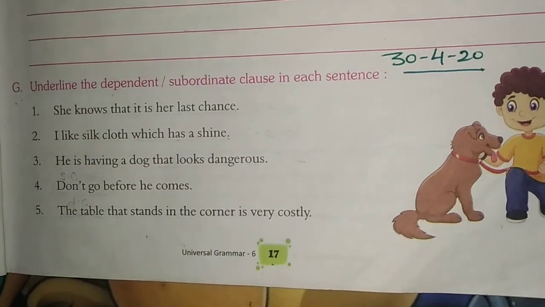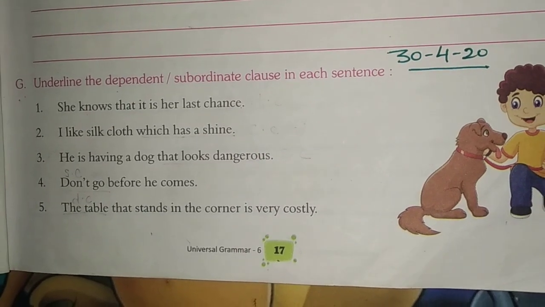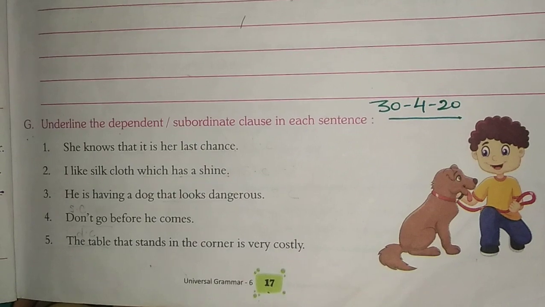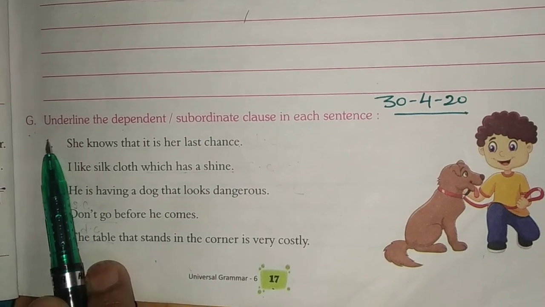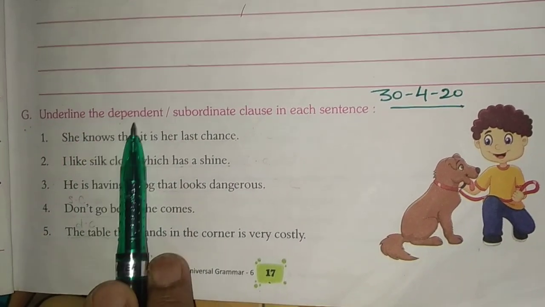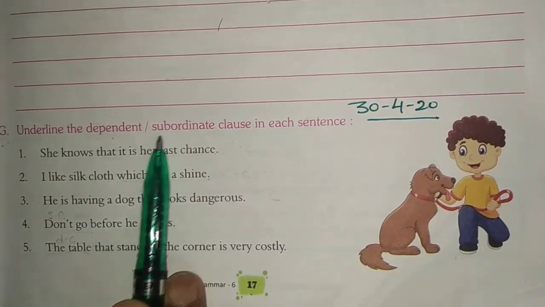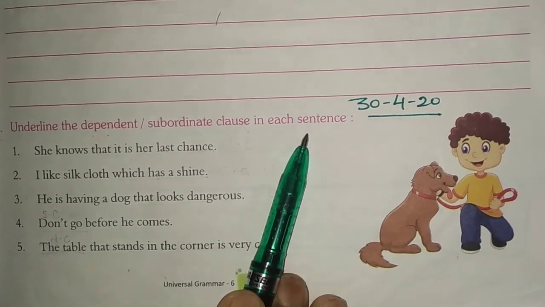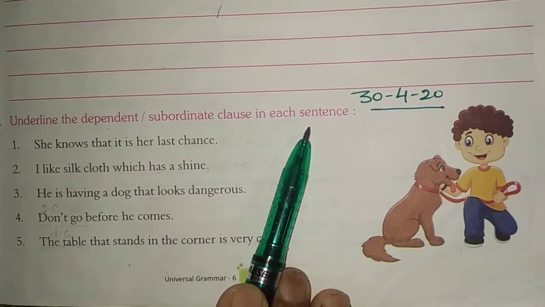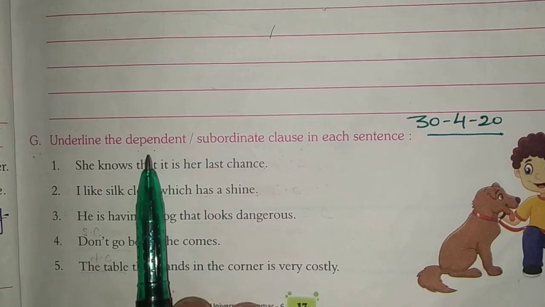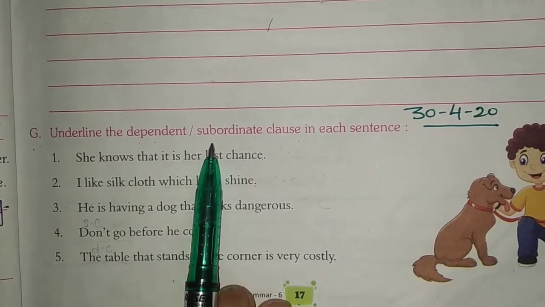I think you all have completely understood what phrases are and what clauses are. In this exercise, you have to underline the dependent or subordinate clause. Both are the same thing in each sentence. Students, I have also explained what a dependent or subordinate clause is.